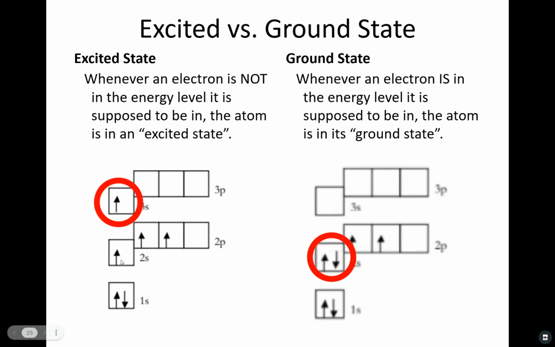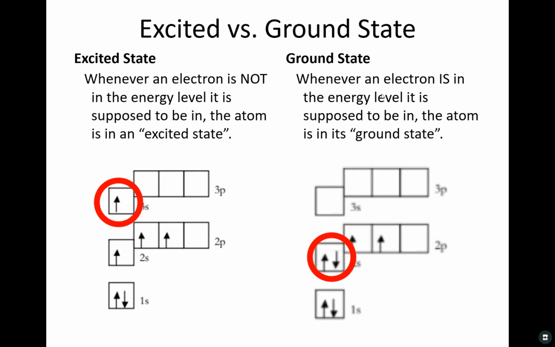It should still be in the second energy level. The Aufbau principle tells us that we need to fill the whole energy level before we can move up to the next energy level. But again, this was probably an atom that was subjected to some energy. It absorbed that energy and used it to push that electron up into a higher energy level temporarily, which is why it's called the excited state.